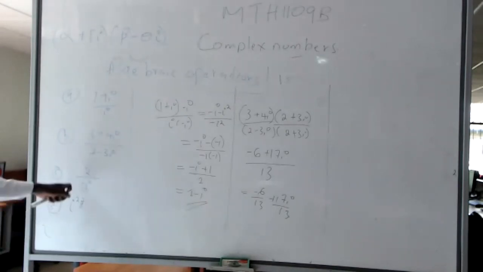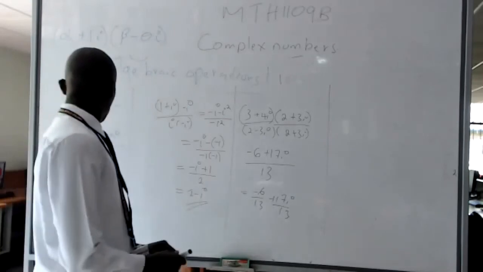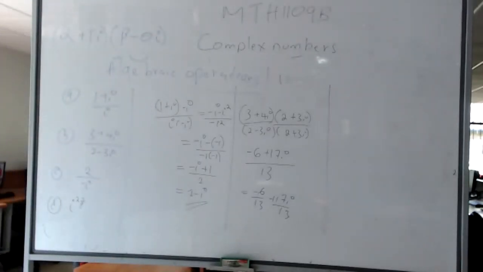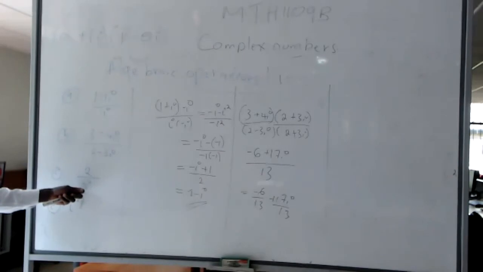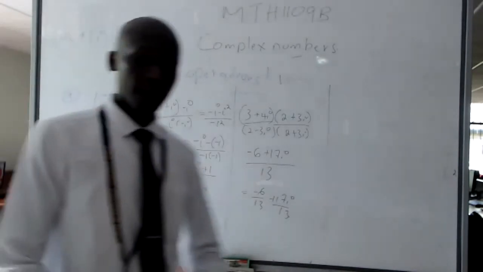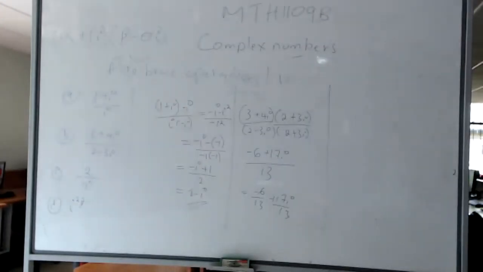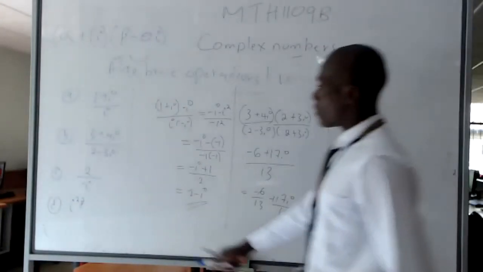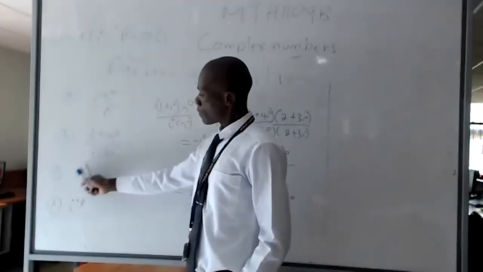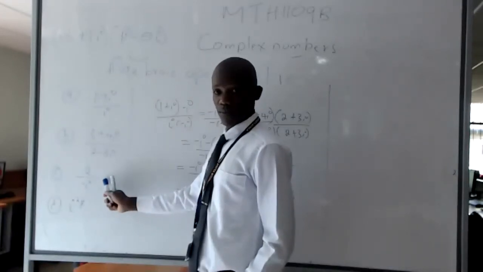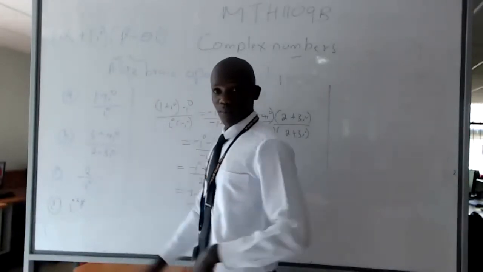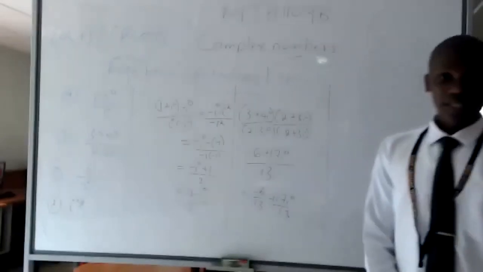And then lastly, you have part C. This is very simple. Anyone have a problem on dividing this part C? Anyone have a problem for part C? Everybody is quiet.